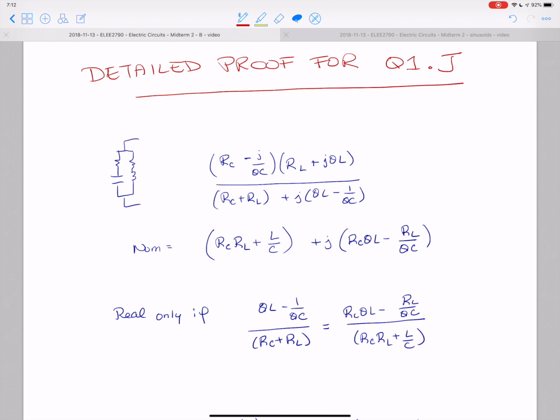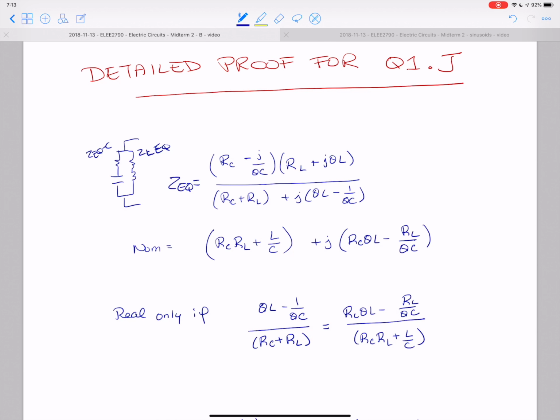If you consider the capacitor in series with a resistor and the inductor in series with a resistor, then the equivalent impedance of the left branch is RC minus j over theta C, and the equivalent impedance ZL of the right branch is just RL plus j theta L. So if you look at the two branches in parallel, you have one times the other over one plus the other.